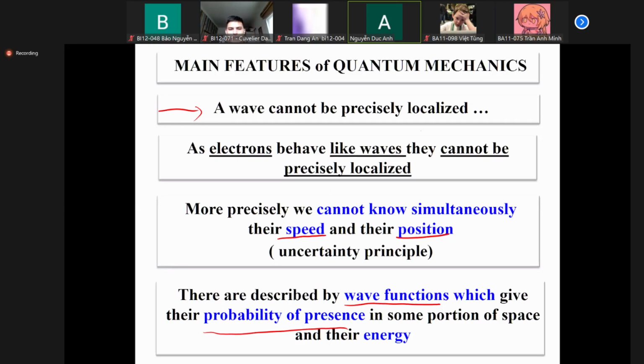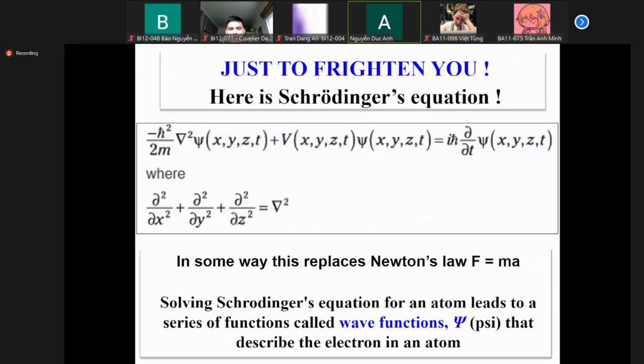Okay, so solving the Schrödinger equation is very complicated. I will not go into this one because it's very complicated, even for chemists like us at this moment. Solving this Schrödinger equation will give you the wave function. We call this wave function psi.